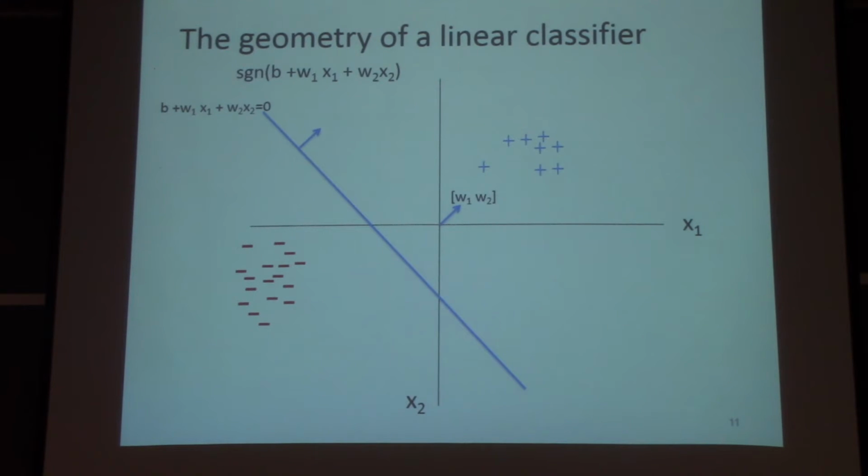Notice that W1 and W2 together form a vector, which is basically a point in some n-dimensional space. You can think of it as a direction.